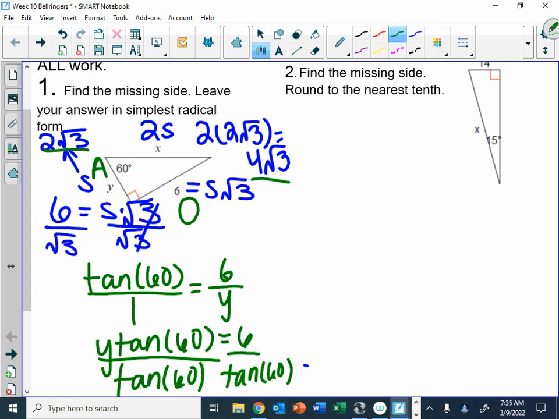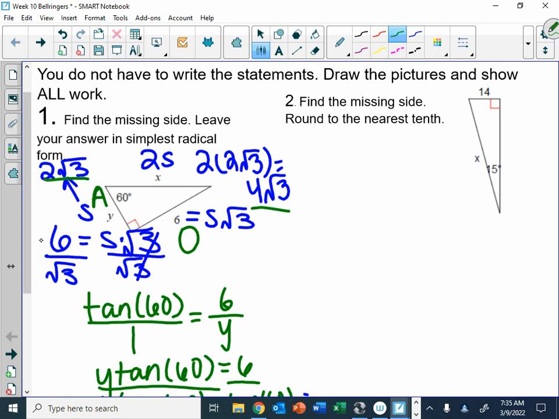Alright, and then for number 2, you need to find the missing side, round to the nearest tenth. For here, you have to use trig. So we need to ask ourselves, how do each of these pieces relate to this 15 degrees? SOHCAHTOA. Don't forget about that. How does 14 relate to 15 degrees? Opposite.